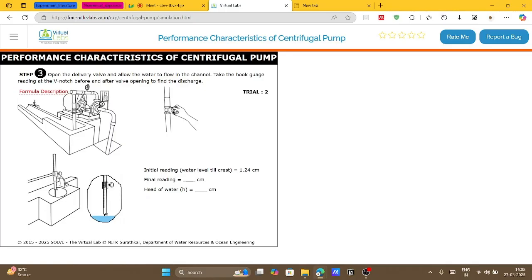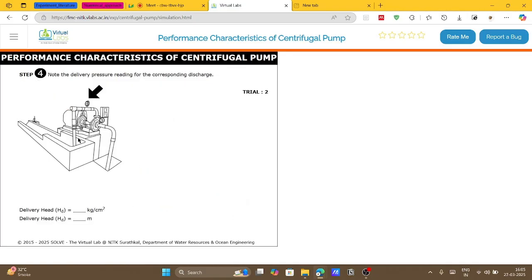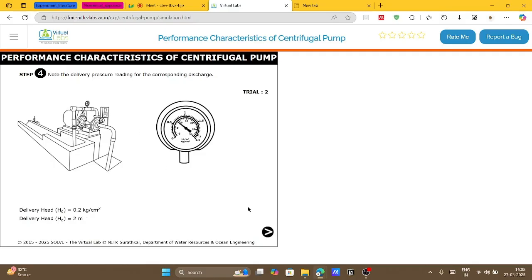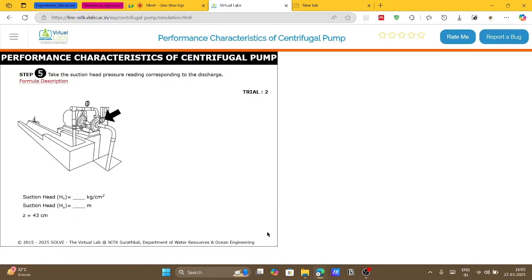So for that, we have to run the pump at various discharge flow rates and compute the corresponding power, efficiency and the head. Flow rate is already known. At the end we will plot all three.